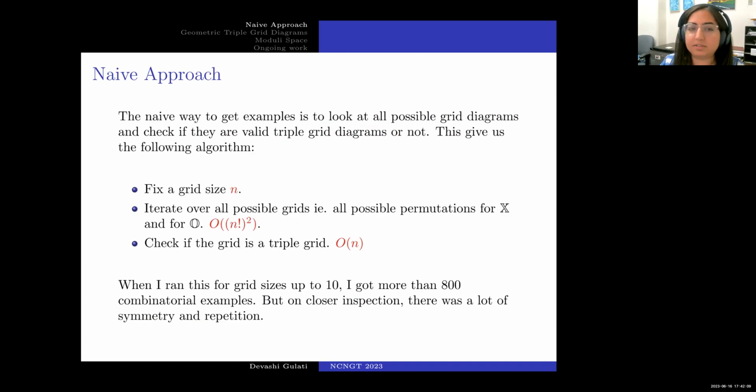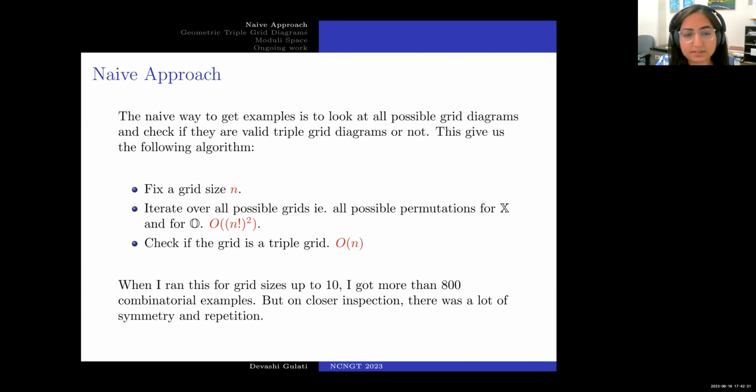Triple grid diagrams can also be encoded as two permutations which satisfy triple grid conditions. This leads us to the naive approach. The naive way to get examples is to look at all possible grid diagrams and check if they satisfy the triple grid conditions or not. This gives us the following algorithm.